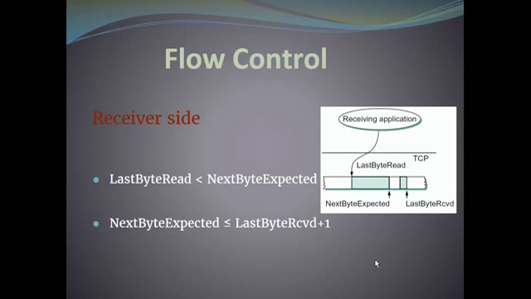So NextByteExpected is less than or equal to LastByteReceived + 1, since if data has arrived in order, NextByteExpected points to the byte after LastByteReceived, whereas if data has arrived out of order, then NextByteExpected points to the start of the first gap in the data, as in the figure.